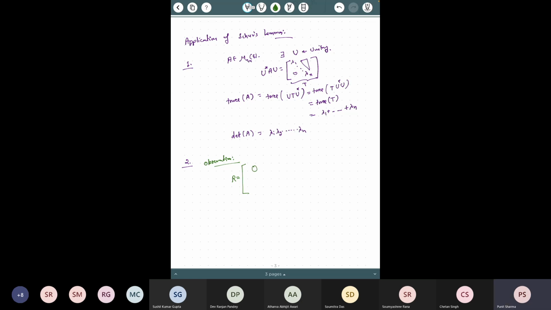Let me write it in 2 by 2 block form. It has a zero block of size k cross k, then some matrix here, then a zero matrix here, the remaining entries in the first column are zero, and then we have an upper triangular matrix here.